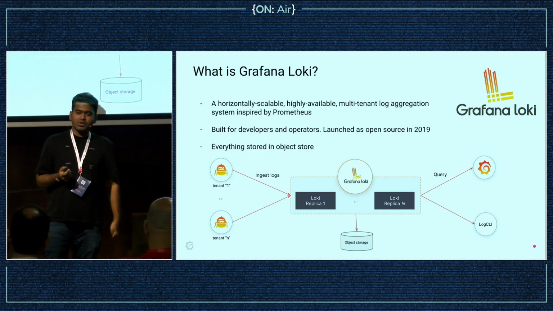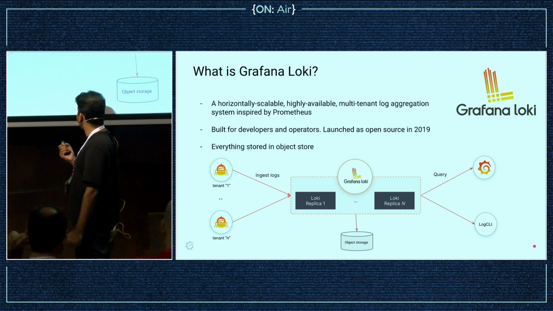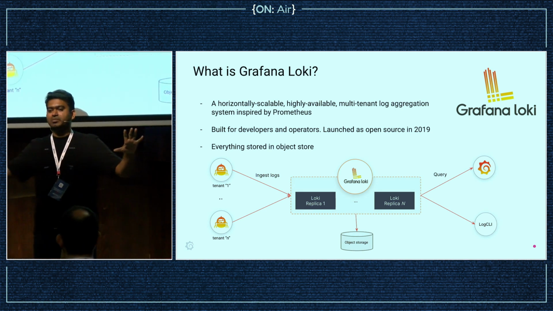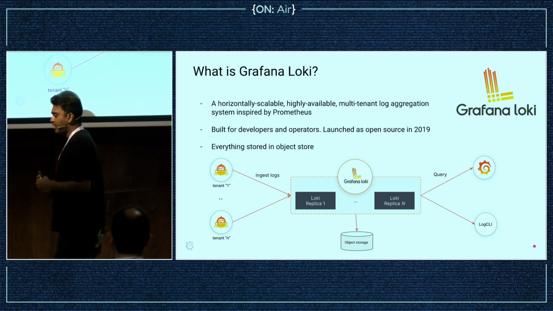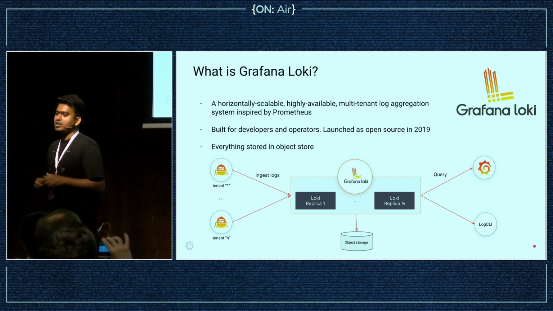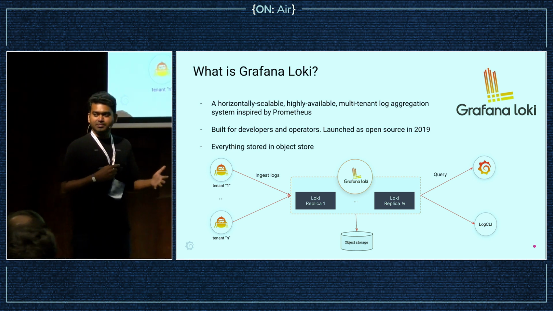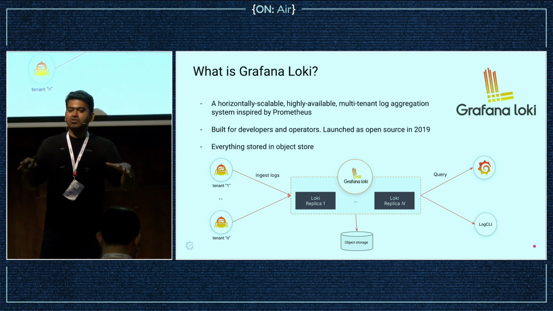So what is Grafana Loki? The picture below should give you a bit of an idea. Think of it like a normal database where you ingest your logs and you query them back. It's a distributed system, so it has all the scalable components to it. The thing to note here is that it's also multi-tenant. What that means is a single instance of Loki can serve multiple users.